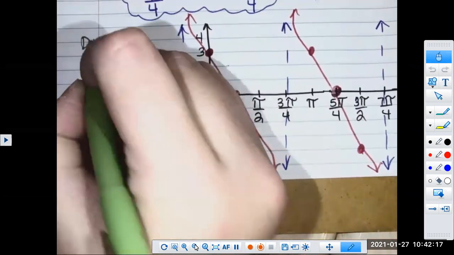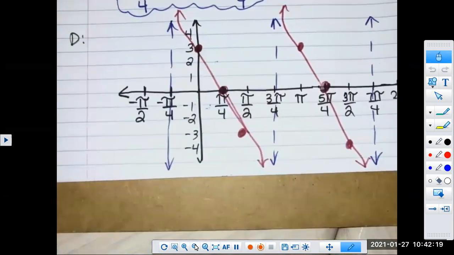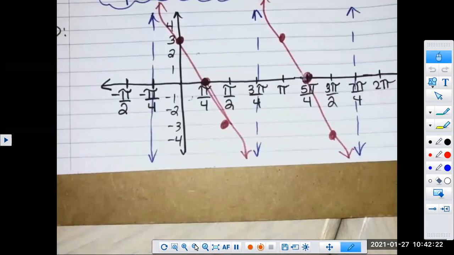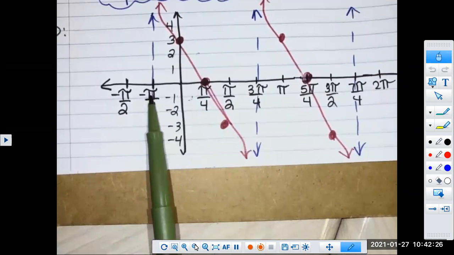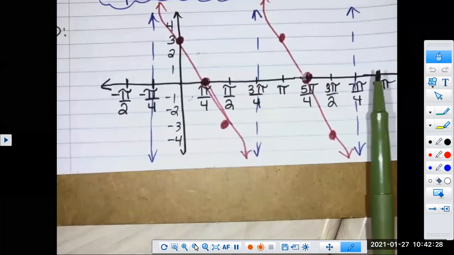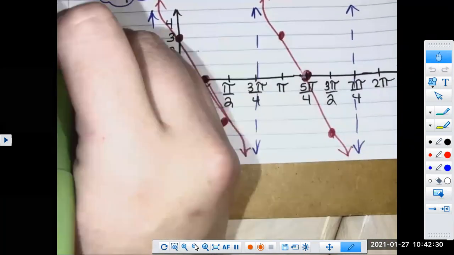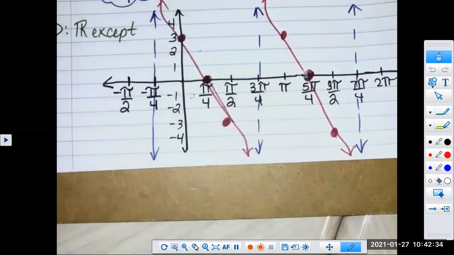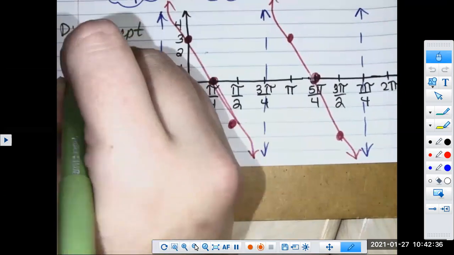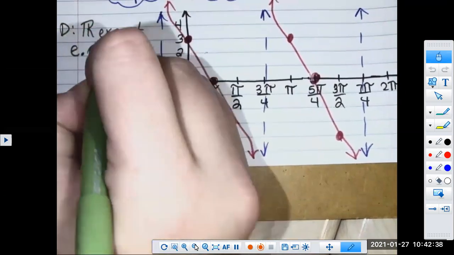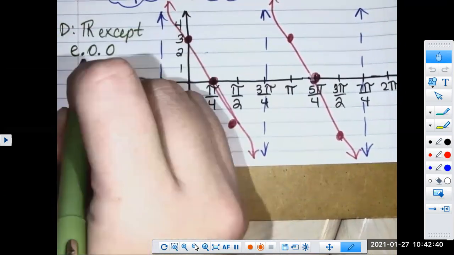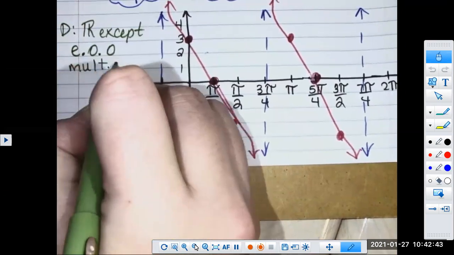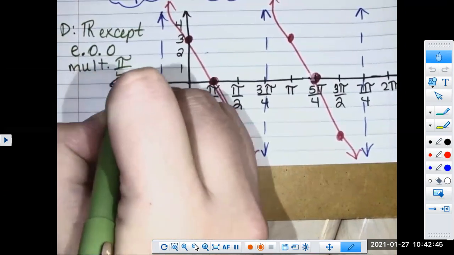Okay, your domain, notice that your asymptotes are at -1 pi over 4, 3 pi over 4, 7 pi over 4. So all real numbers except every other odd multiple of pi over 4.